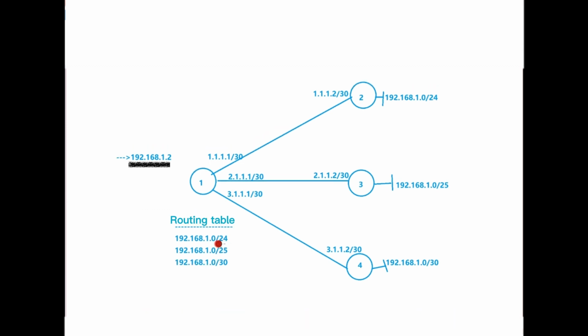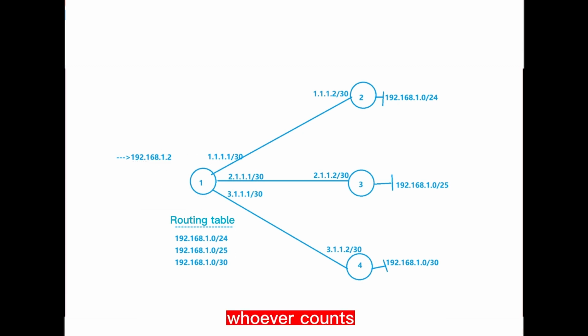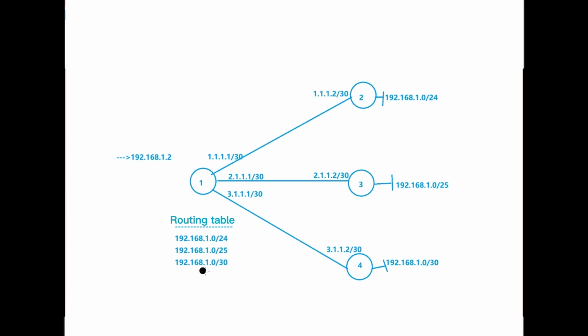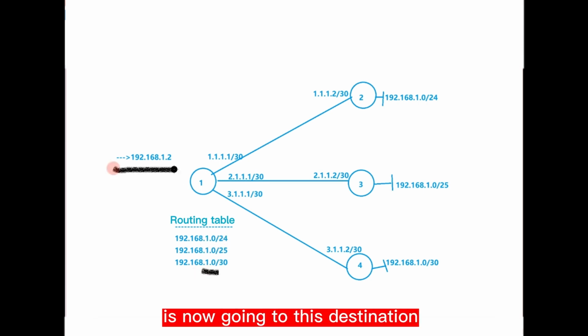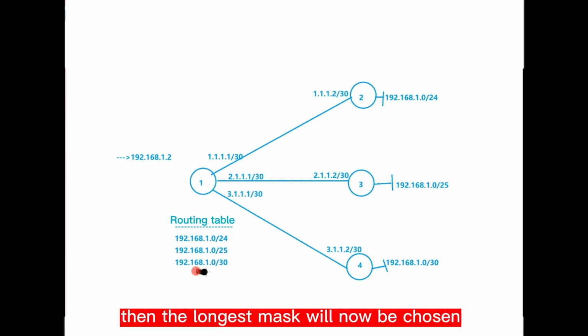Look, 24 can match it. The calculation gives the 1.0 network segment. Both 25 and 30 are calculated with it. Calculated, and found that this network segment matches. It means that the data is now going to this destination. All can match. Then the longest mask will now be chosen.